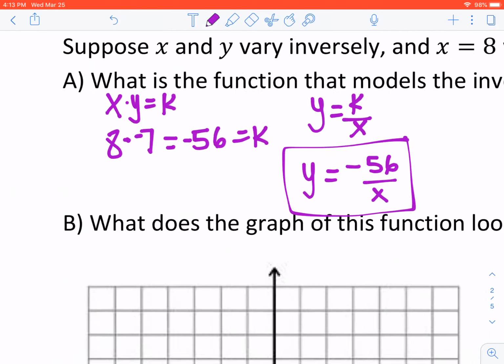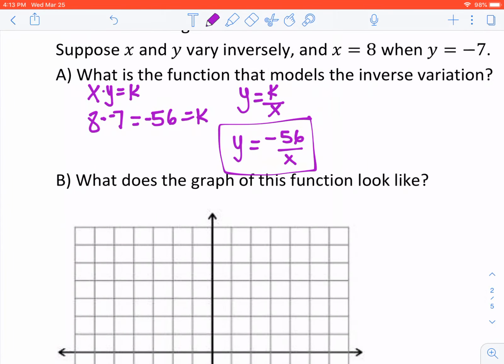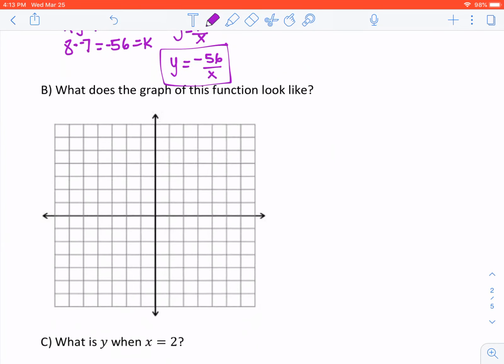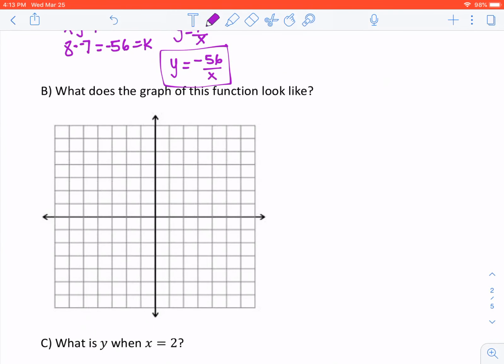And so the question is, what does the graph of this function look like? So we're going to graph these, and the only way we're going to graph these right now is through a t-chart, just making a table. So we're going to come over here. We're just going to make your normal XY table, and we're going to pick some x's, and we're going to plug them in. And then we'll find the y's and we'll graph them.